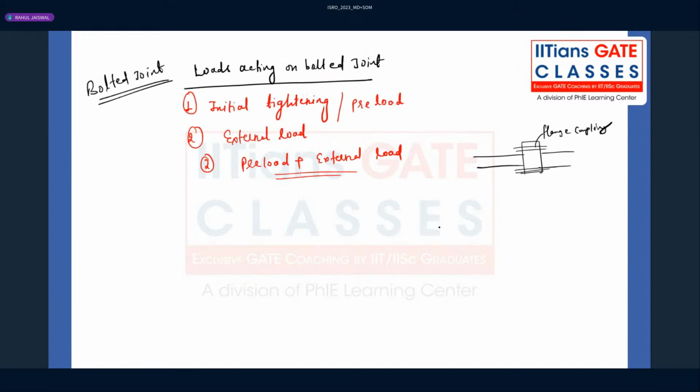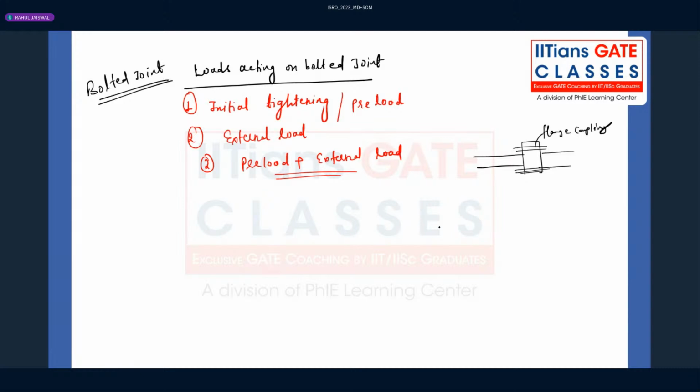So that we are tightening so that at any cost, even under reverse loading condition or the worst loading condition, it will not basically open from those places. So the preloading we are doing is basically for avoiding any kind of loosening. So preloading is very important.